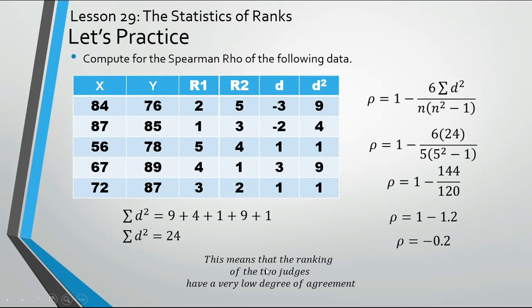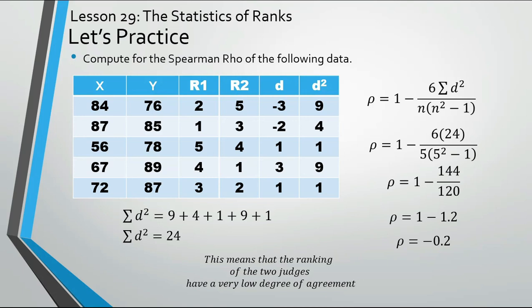Ibig sabihin nito, the ranking of the two judges have a very low degree of agreement. Sir, bakit may negative? Ibig sabihin, okay lang tayo na magkaroon ng negative. Kasi, katulad nga sinabi ko, gagamitin natin yung definition or yung qualitative description ng correlation coefficient. Ayan. So, dapat, dito kasi ang in-expect nating value is from negative 1 to positive 1.